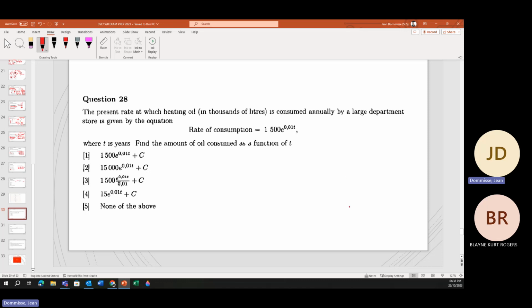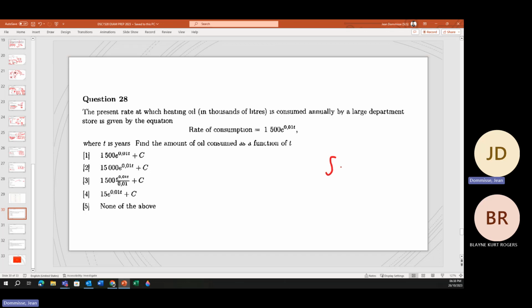Okay, so what we will need to do is basically rewrite that. So let's look at the amount of oil consumed. So this is what we will need to do, dt.